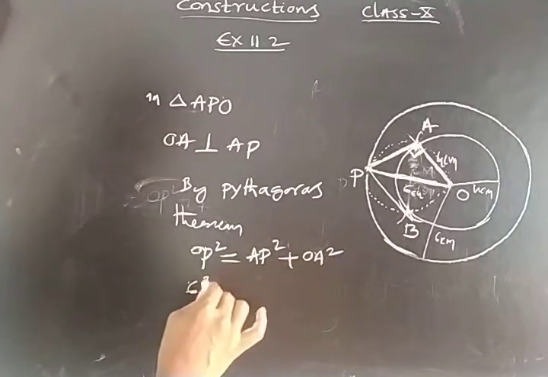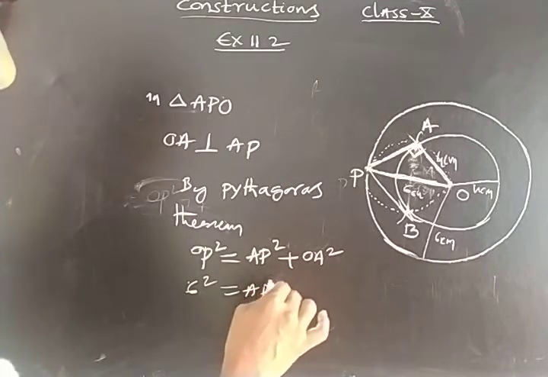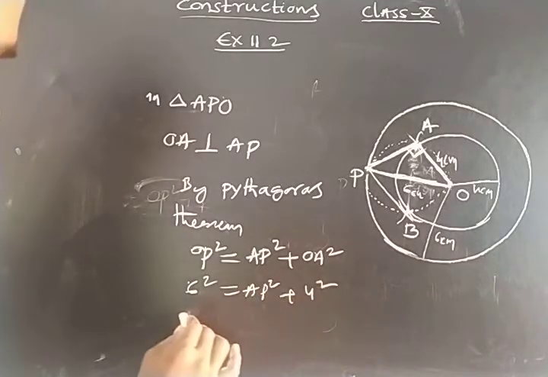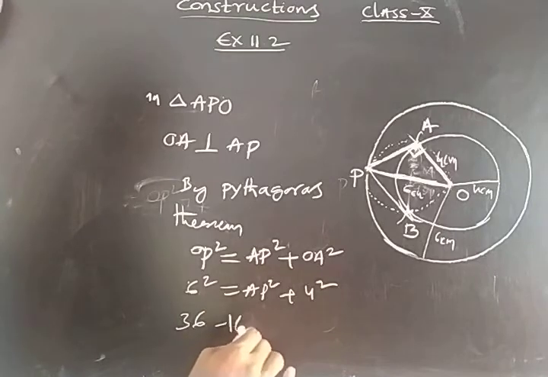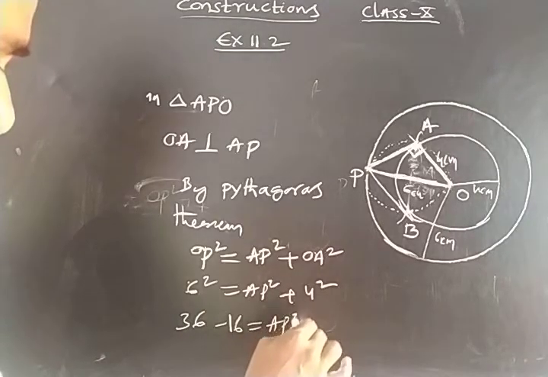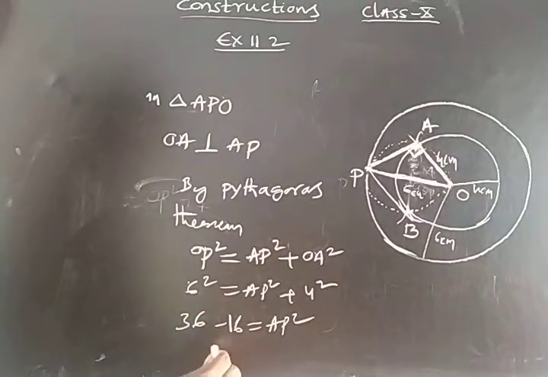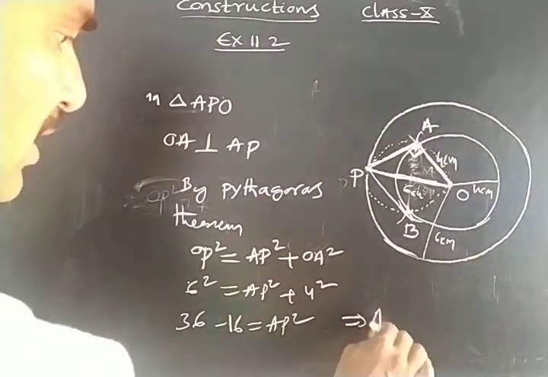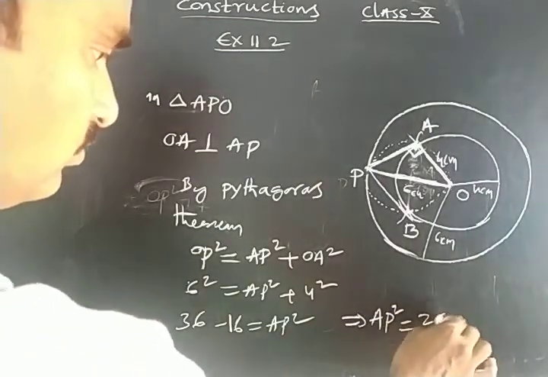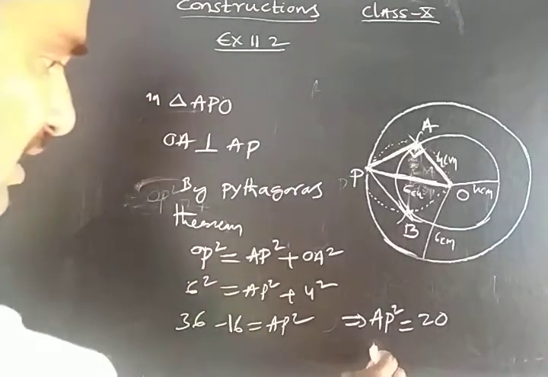This is 6 square, AP square unknown quantity, OA square is 4 square. 36 minus 16 is equal to AP square. 36 minus 16 is 20. So AP square is 20.